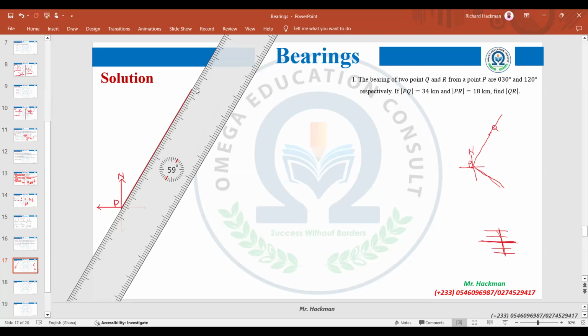You can see that for this line PQ, the distance is almost twice this. Do you agree? Or is it more than twice? I want to see if you are with me.